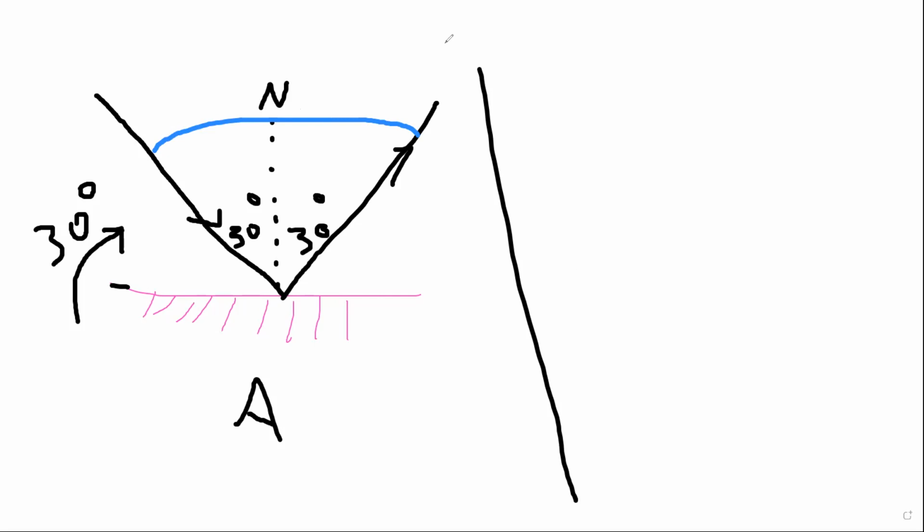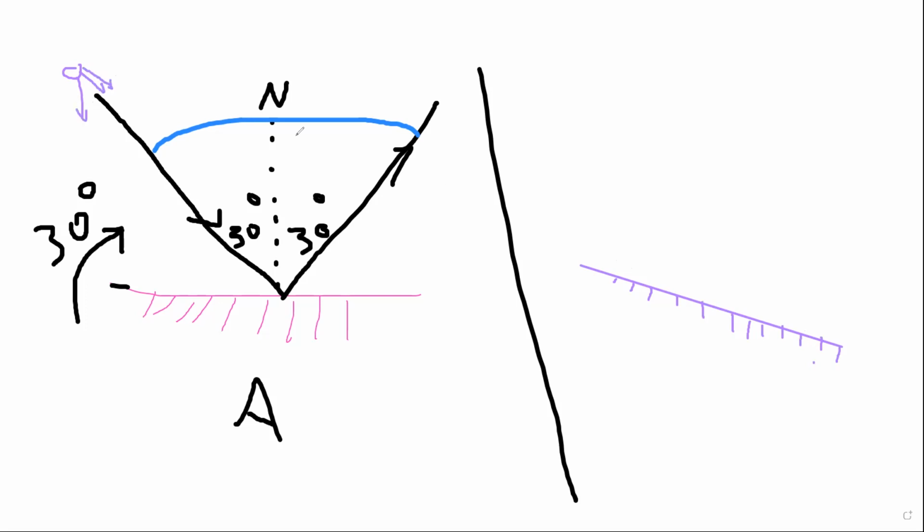If we have a plane mirror and the perpendicular line, this is the new position of the mirror, and the light source is constant.